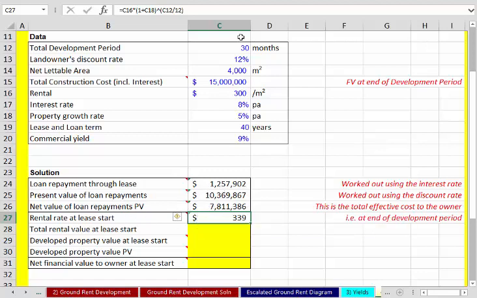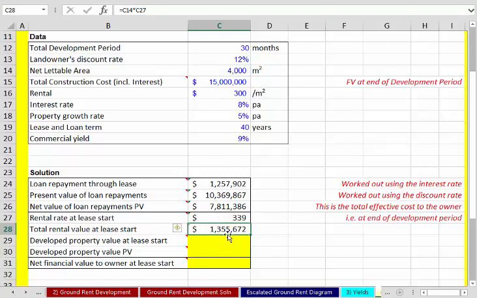Okay, that means that the $300 per square metre of rental value today, in 30 months' time, is going to escalate up to $339. That's fantastic. To get the total rental value at the start of the lease, we take the 4,000 square metres of net lettable area which has just been built, and multiply that by the rental value per square metre at the beginning of the lease period, and that will give us $1.35 million per year.